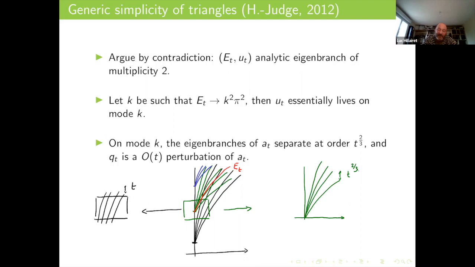When you compare to the green eigenbranch, it is good because if you have a simple spectrum such that the distance between two consecutive eigenvalues is of order t to the 2/3, then any perturbation that is smaller than that, in particular a perturbation of order t, you will still have simplicity of the spectrum.